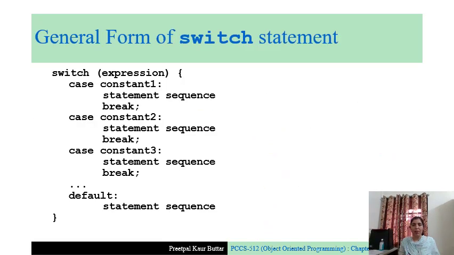So this is the general form of the switch statement. The general form of the switch statement is switch. This is the keyword, and then we have the expression, for example day. Then inside these curly braces we write all the cases, meaning the possibilities.